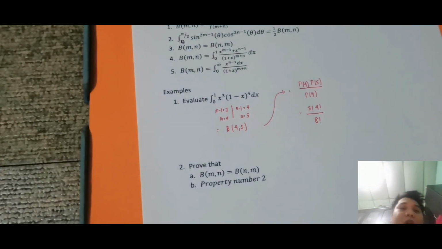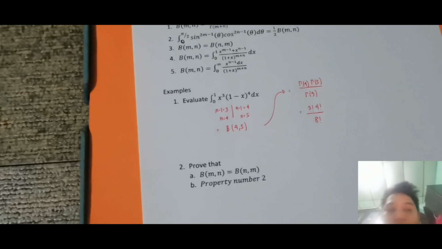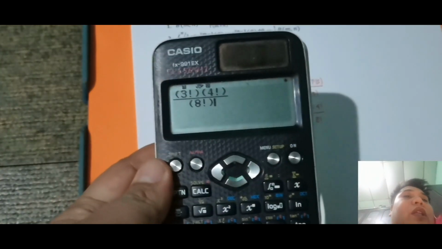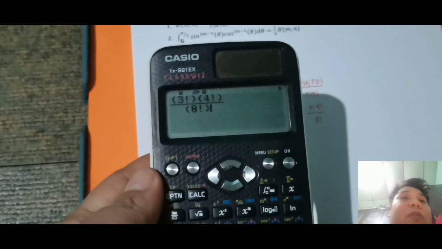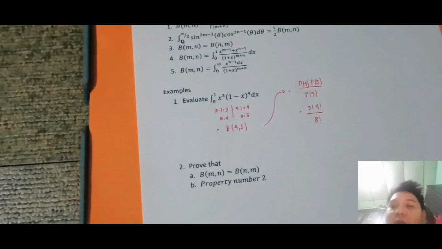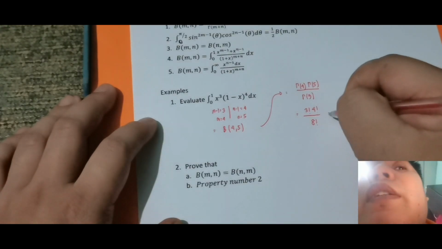So, check natin. Sa calculator lagyan mo lagi ng parenthesis kasi hindi siya sinasolve ng calculator ang 3 factorial, 4 factorial. That is 1 over 280. So therefore, the answer is 1 over 280.